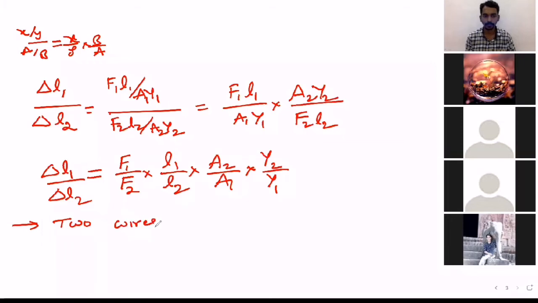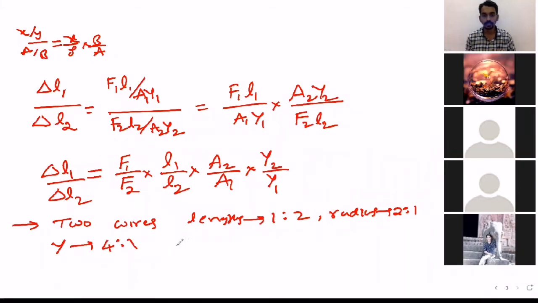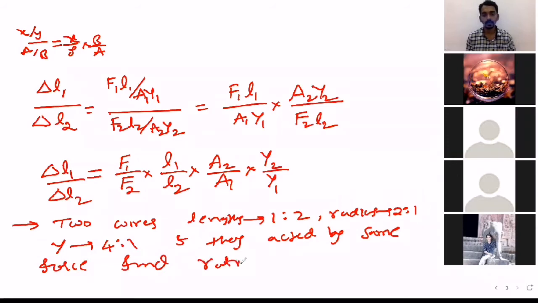Two wires are there, whose lengths are in the ratio 1:2 and radius in the ratio 2:1 and Young's modulus in the ratio 4:1, and they are acted on by the same force. Then find the ratio of delta L.